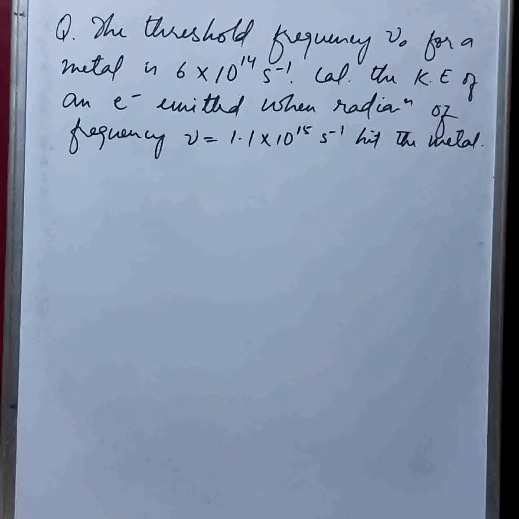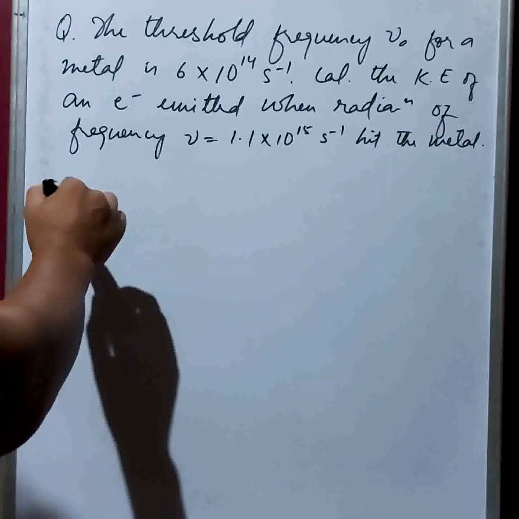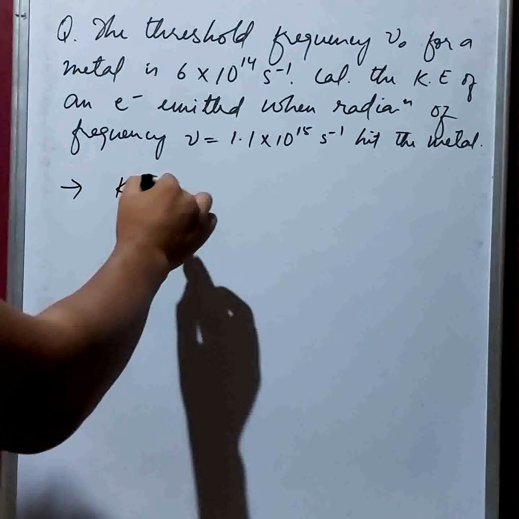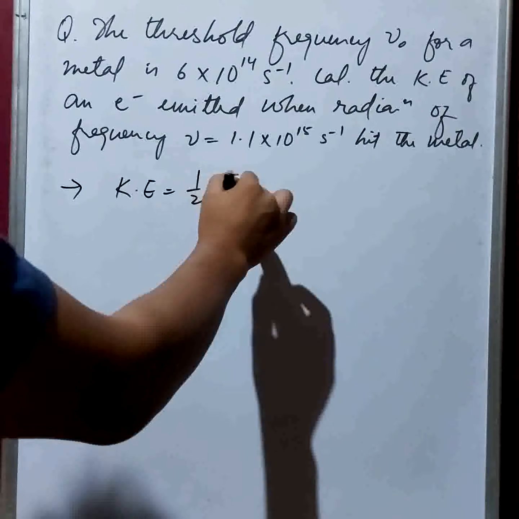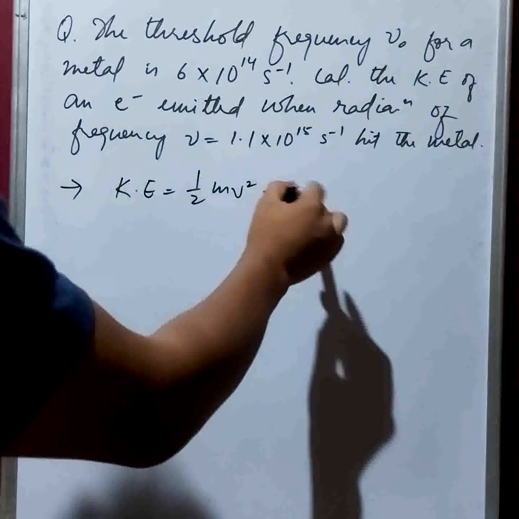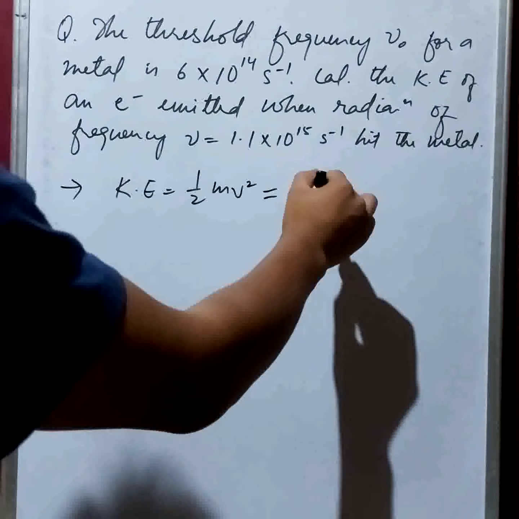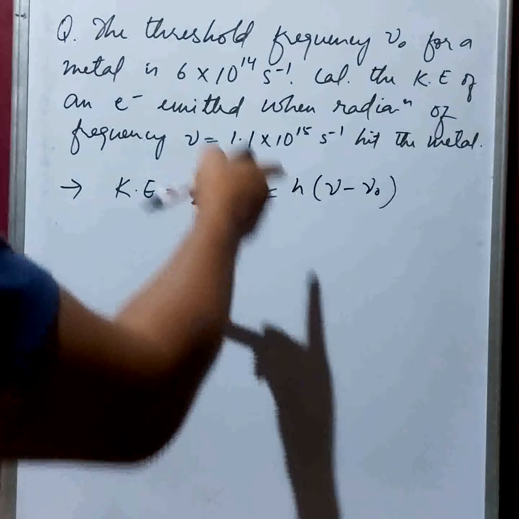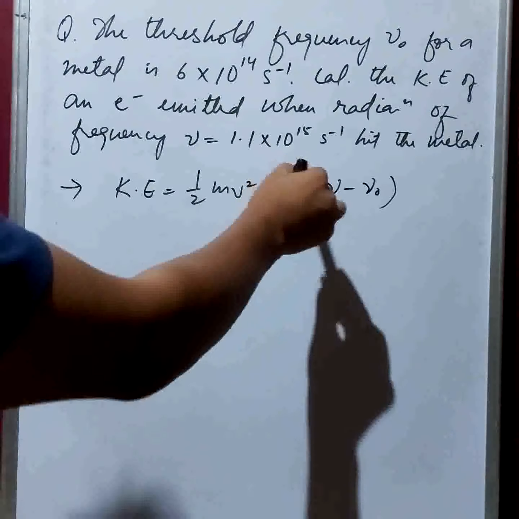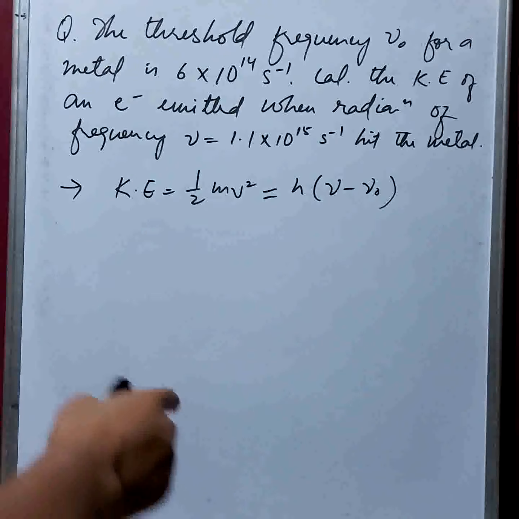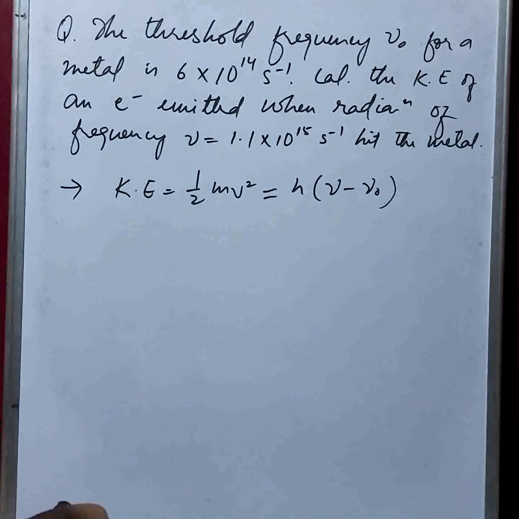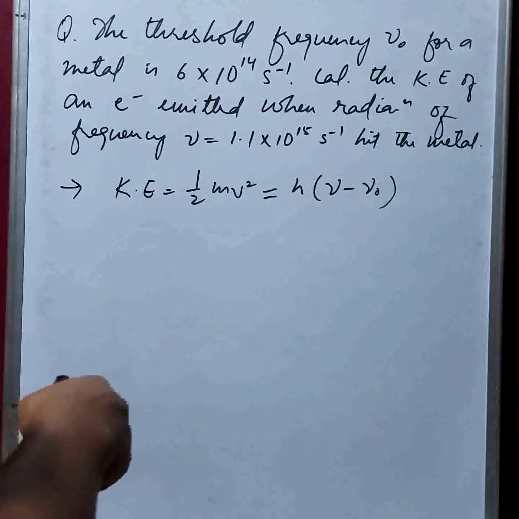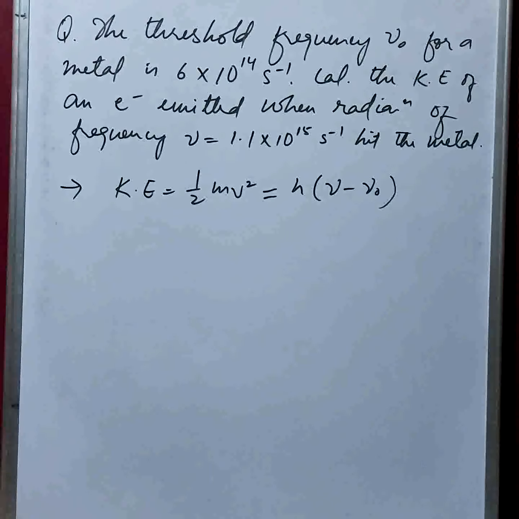Now we know that kinetic energy is equal to half m v squared, which is nothing but the work function which we just solved, h times nu minus nu naught. So if you plug in the values, this is a constant. I think I've already given it to you in the printout, the readout. So you plug in those values.